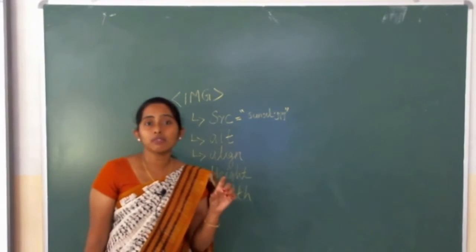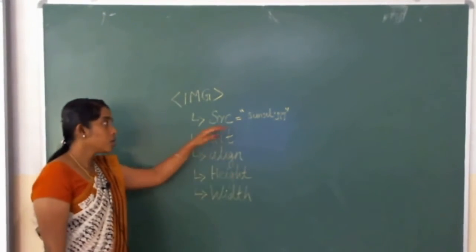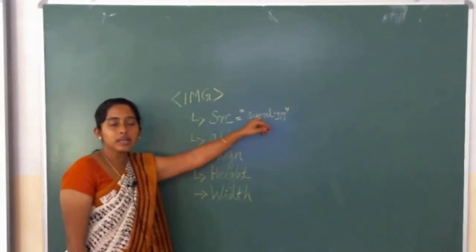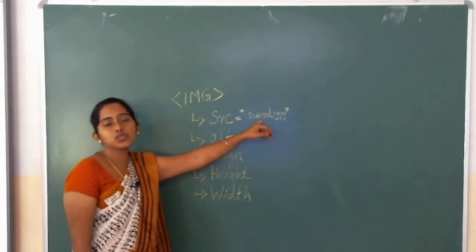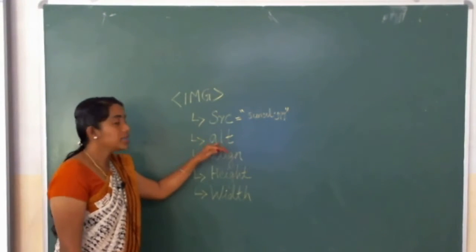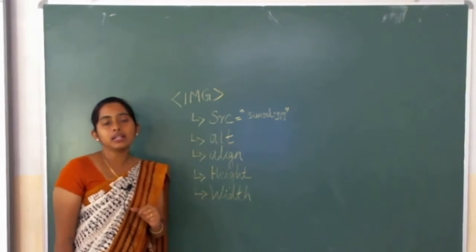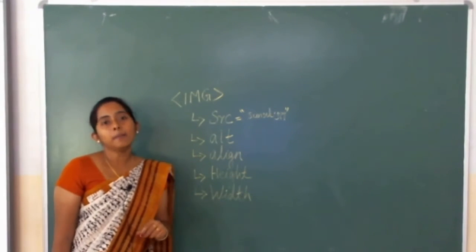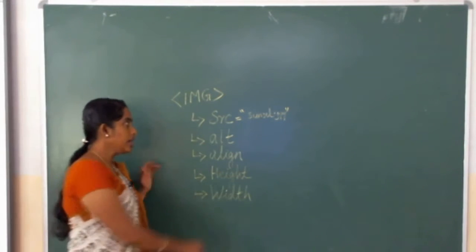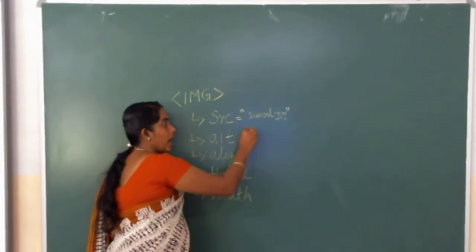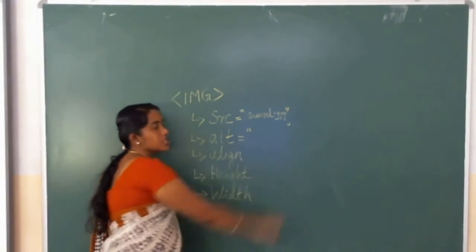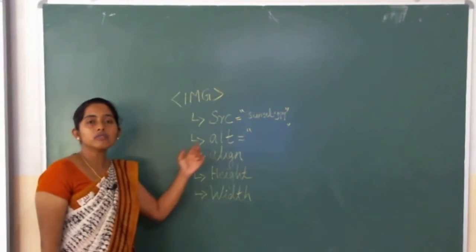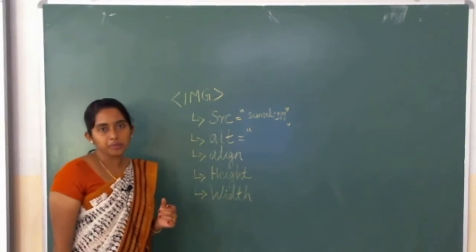So if it is not possible to show the image in your web page, an alternative message can be displayed in the place of the picture. Any message you can add within double quotes along with this alt attribute.